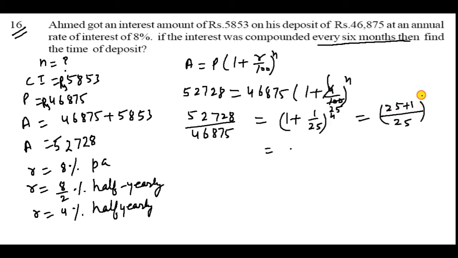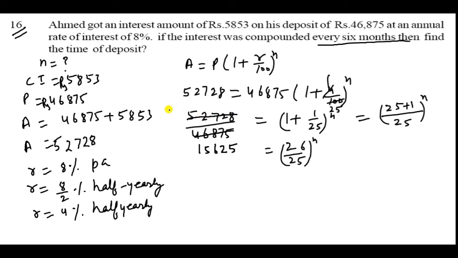So let us see here. Taking the LCM, it is 25, and it is 25 plus 1, 26, and the whole power n. Now divided by 3.